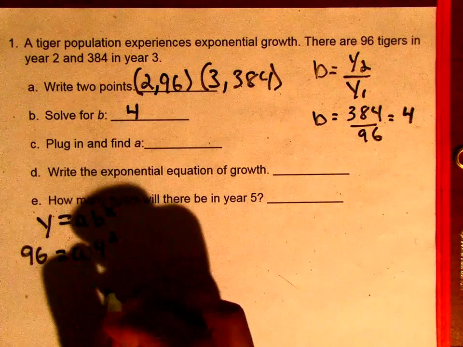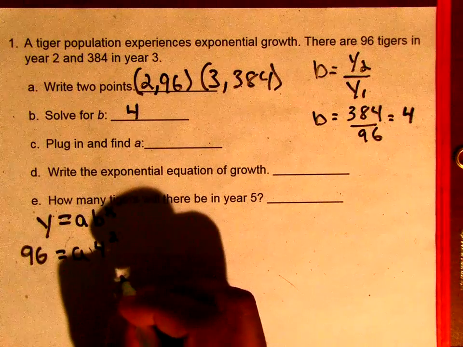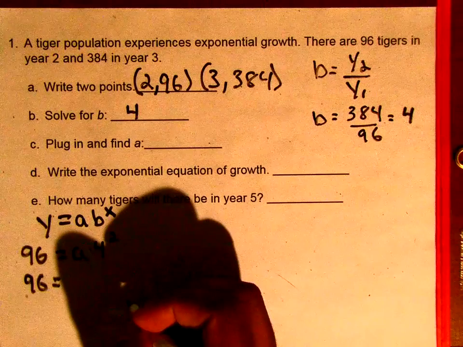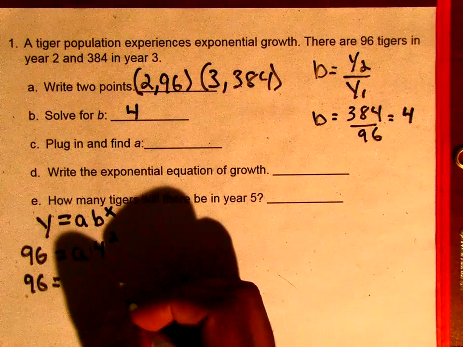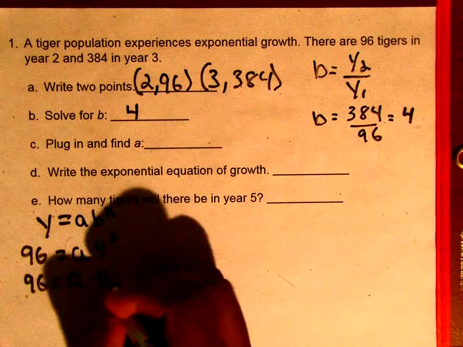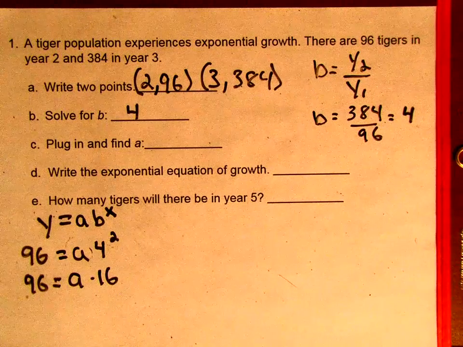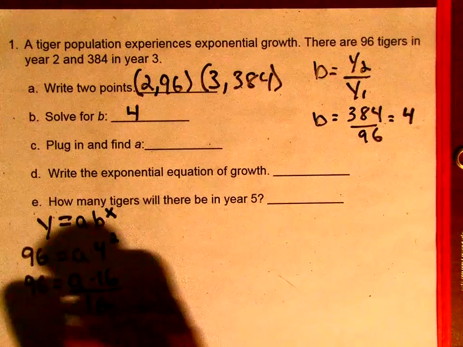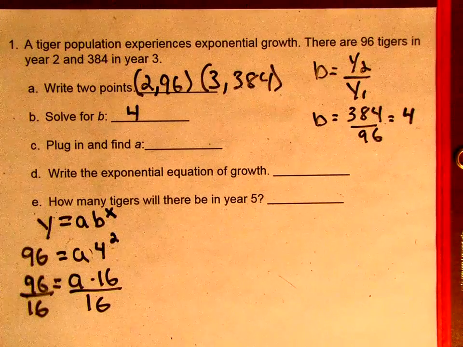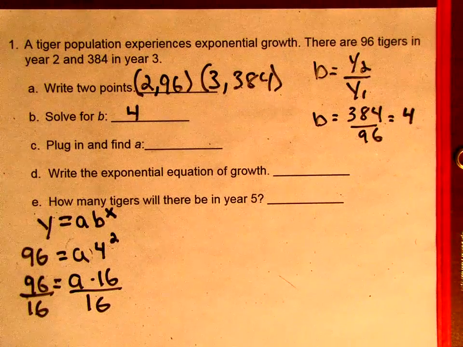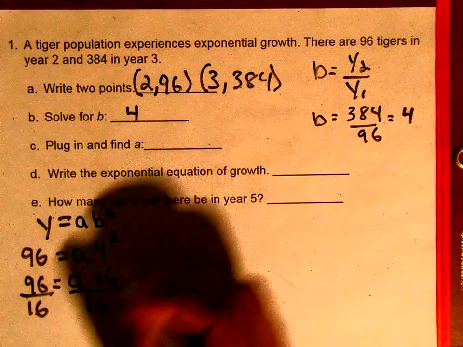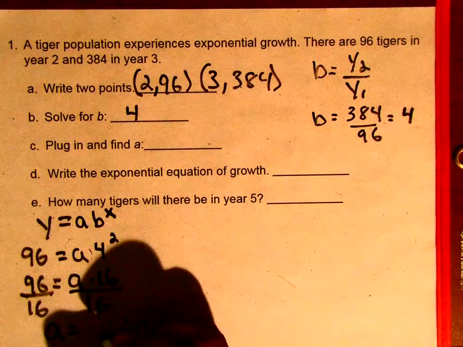So now we'll go ahead and square the 4 and solve for A here. So I get 96 is equal to 16 times a. And then divide by 16 here. And that'll mean A is equal to 6.